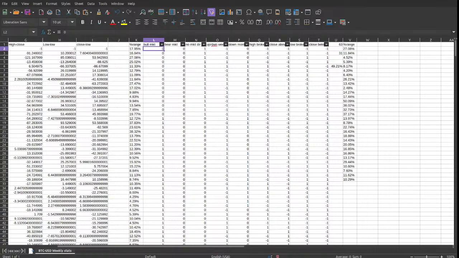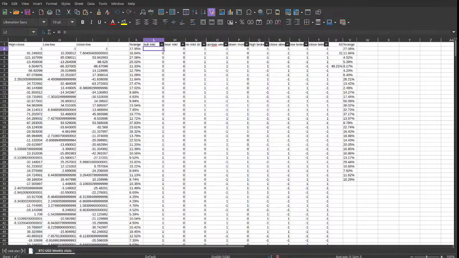So Bitcoin bull markets in a weekly capacity. And by the way, we're gonna do this in the daily capacity as well. We're gonna see what a bull market versus a bear market looks like, and then we're also gonna see what a bull market versus bear market looks like on the daily chart, I guess.